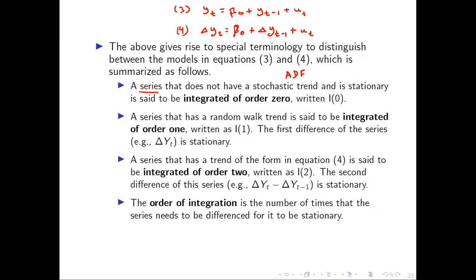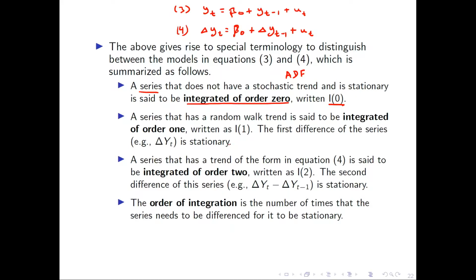So it's already stationary. It does not need to be differenced. So it's integrated of order 0, or I(0). So if the original time series is stationary, then you do not have to do anything with it. You can just use it as is in your analysis.